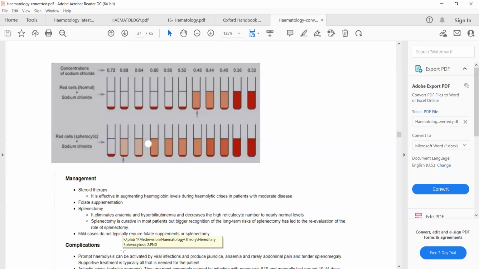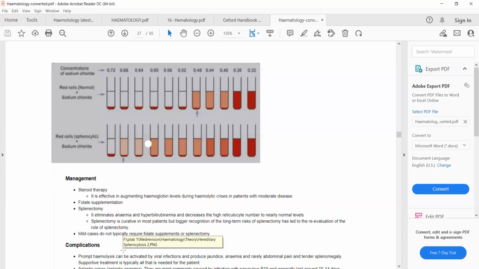In hereditary spherocytosis, the hemolysis is due to a defect in the cytoskeleton. So a negative Coombs test with increased osmotic fragility indicates hereditary spherocytosis, and a positive Coombs test with increased osmotic fragility is autoimmune hemolytic anemia.